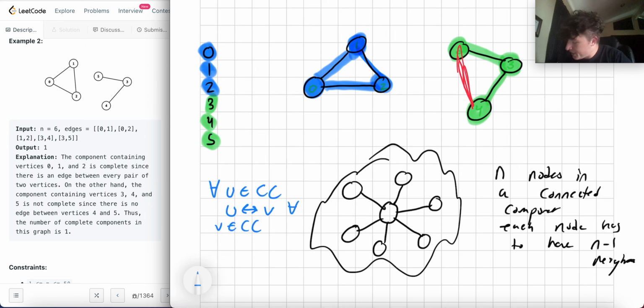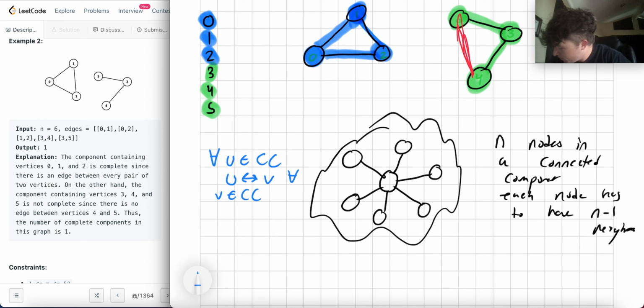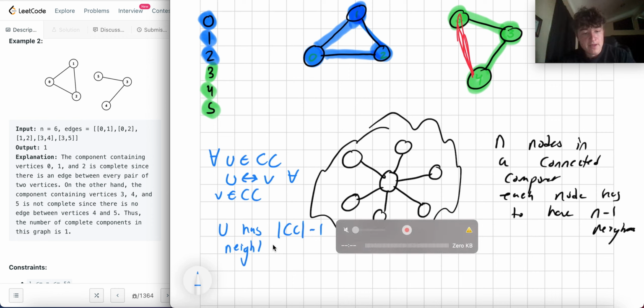So that must mean U has the length of the connected component minus 1 neighbors, right? Because it has to have a direct connection to all the other components.